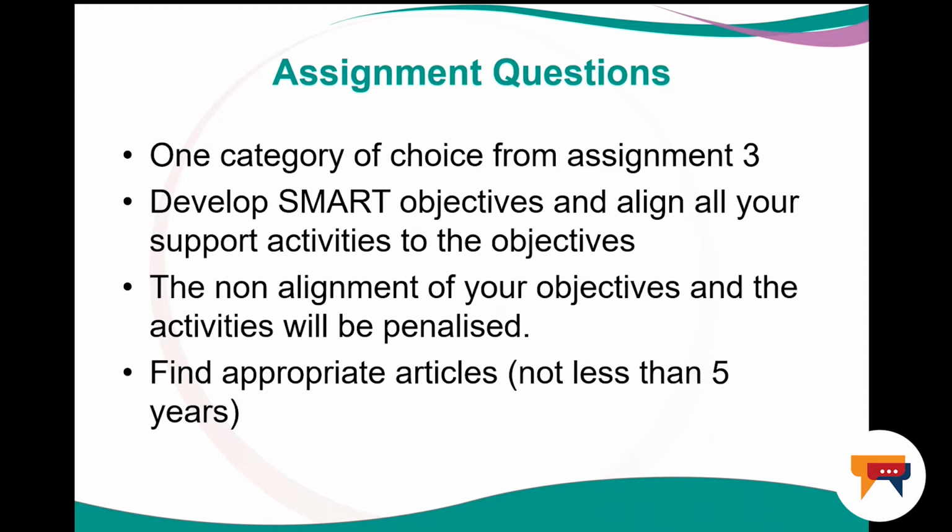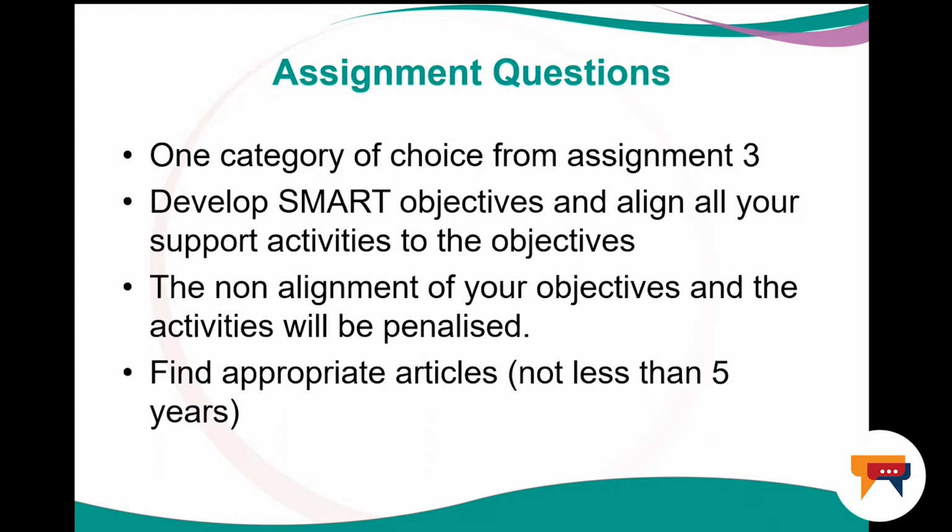For example, if you have an objective that says at the end of this lesson, a learner will be able to read 5 words per week, then in your activities, you have something that is about supporting students who are orphans. That means that in your work, there is no alignment, and you will be unfortunately penalized for that.